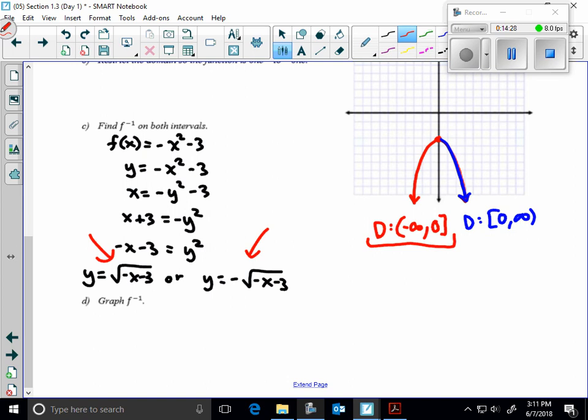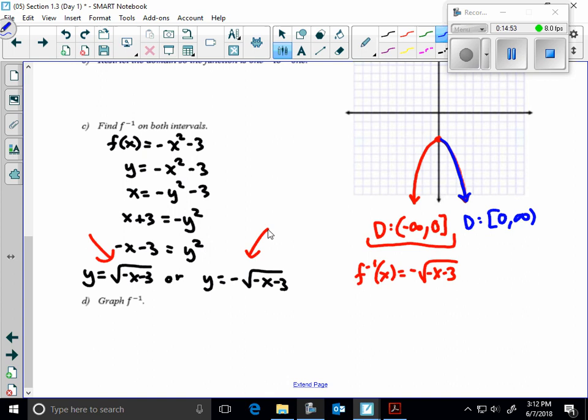If the domain is negative here, the range will be negative on the y values. So I would say that's a pretty good indication that this would be our inverse on that domain. Right, so our inverse for that domain would be this. Those aren't our y values, that's the inverse for that domain.